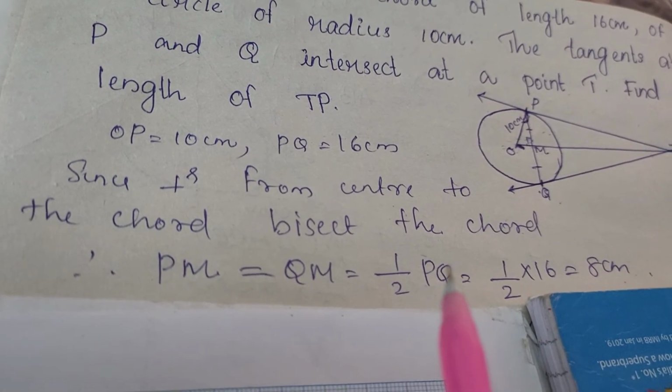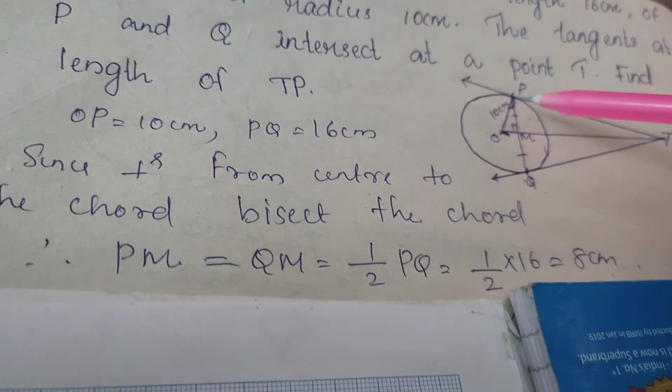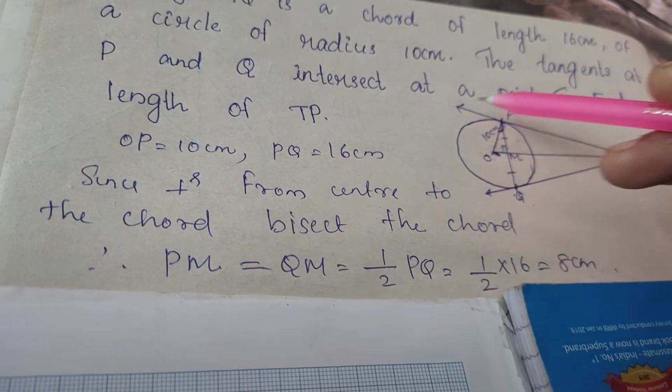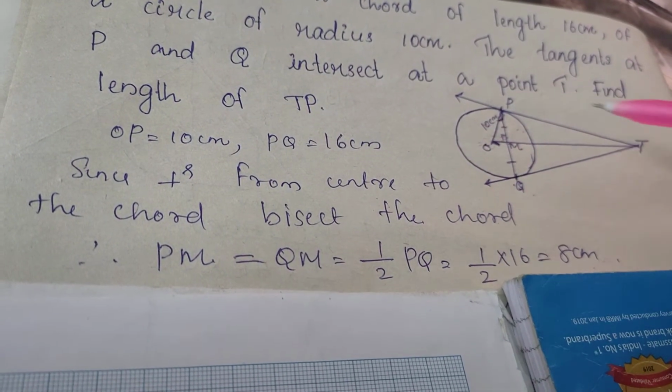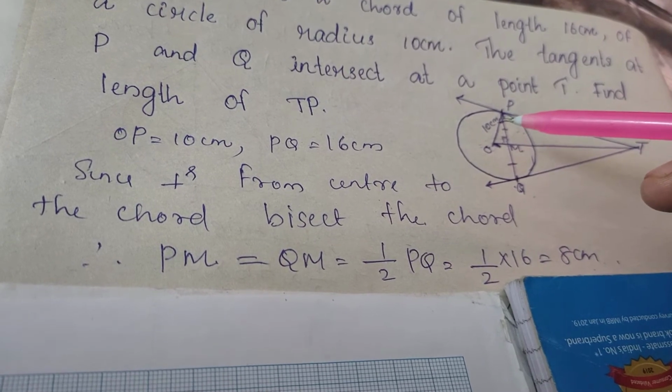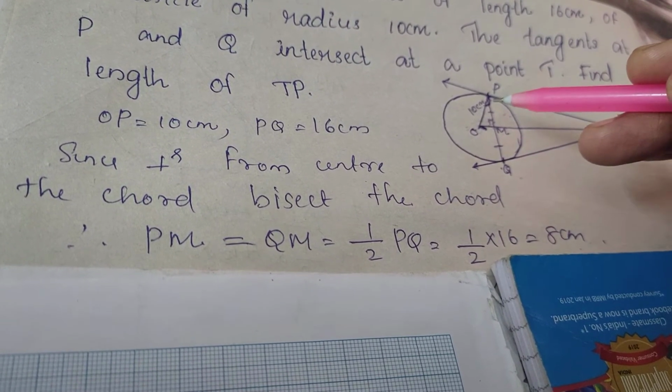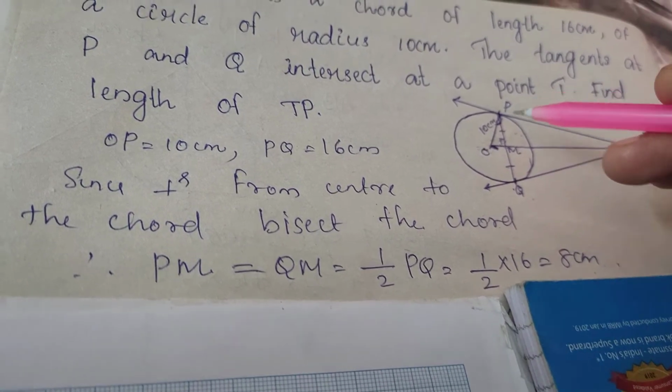Also, one more thing. P is the point of contact because P is a point on the tangent. We studied the theorem that the radius through the point of contact makes an angle of 90 degrees.